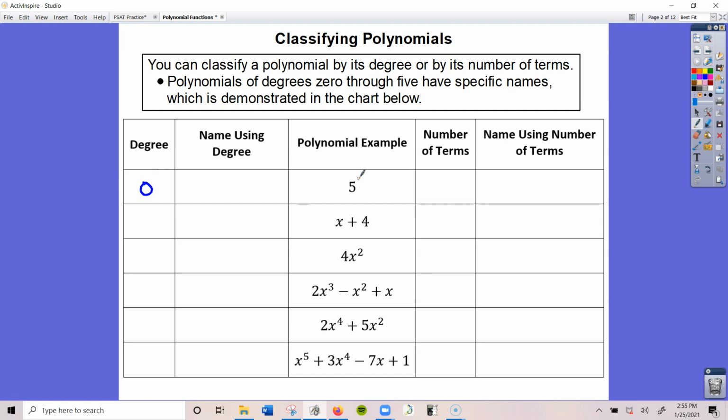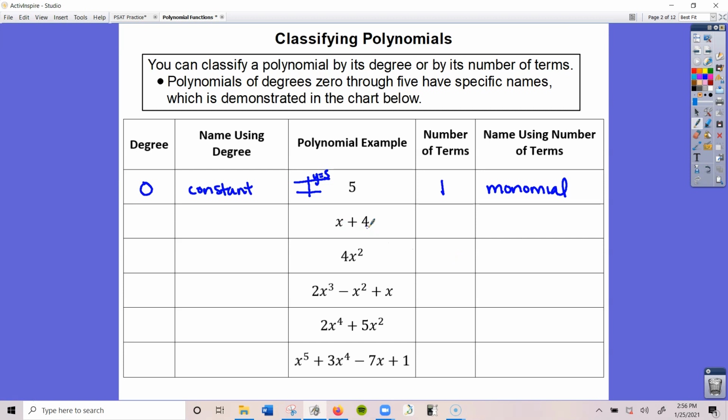If you do not have a variable at all, that means there is no exponent, so 0. This would be considered a constant, because if you were to graph f of x is equal to 5, it would be a horizontal line where y is equal to 5. So it's constant. In this case, this is one term, so this is, as we discussed, a monomial.